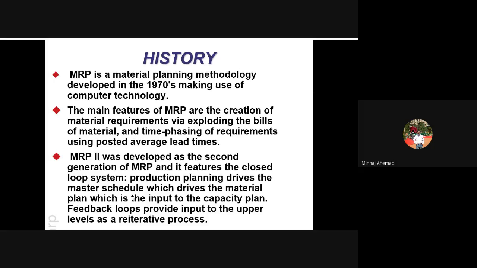There is another concept known as material resources planning, also termed MRP2. It was developed as the second generation of MRP and it features a closed loop system. Production planning drives the master production schedule, which drives the material plan, which is the input to the capacity plan, feedback loops, etc.